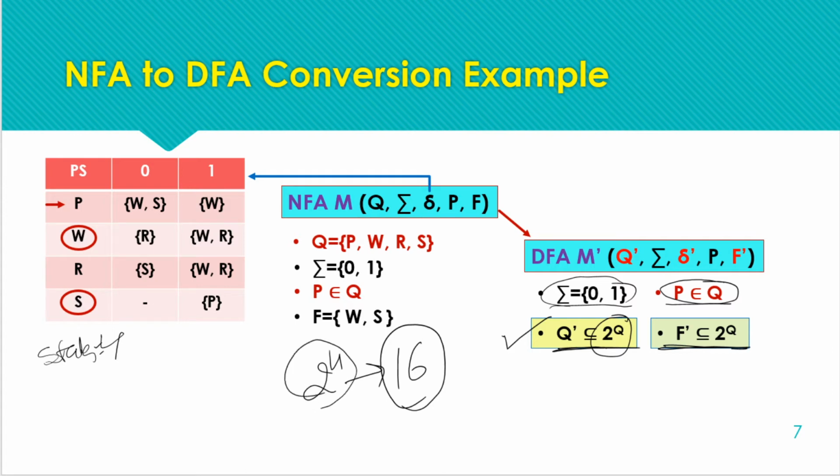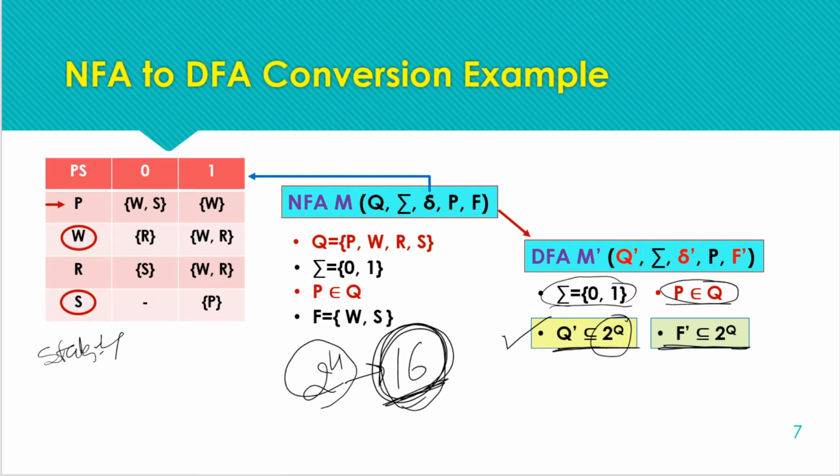And what are the candidates for this power set of Q? We have already covered this in the previous lecture on NFA. So this power set has the possible set of 16 states, and out of them we can use the required number of states for the construction of the equivalent DFA. Please note down, this is the maximum number we could have.